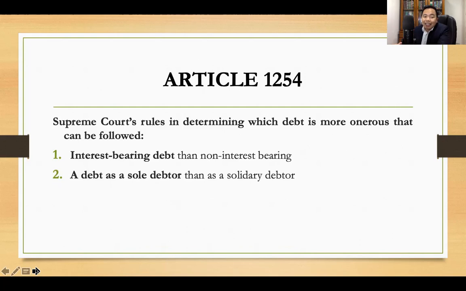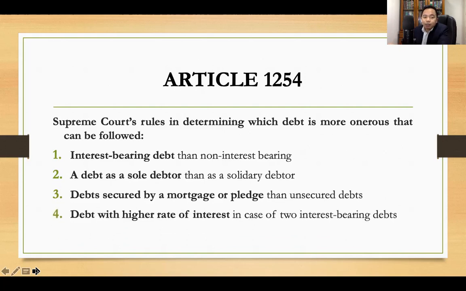Second, a debt as a sole debtor is more onerous than as a solidary debtor. Okay? Third, debts secured by a mortgage or pledge are more onerous than unsecured debts. Fourth, a debt with a higher rate of interest is more onerous than the other.